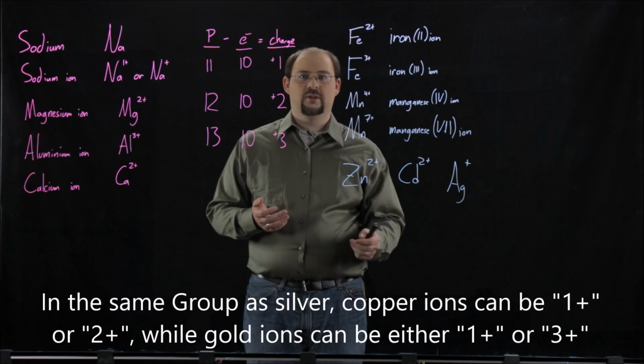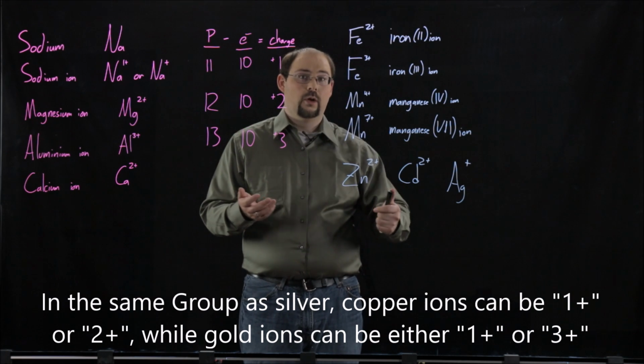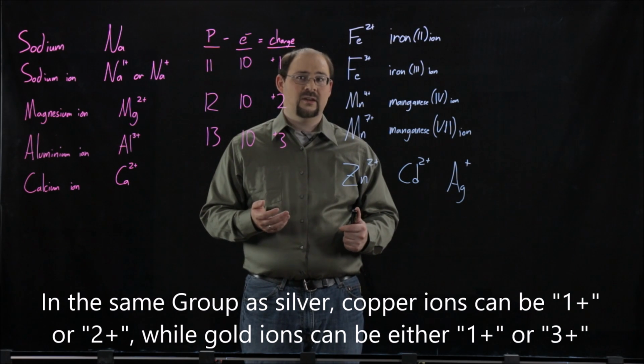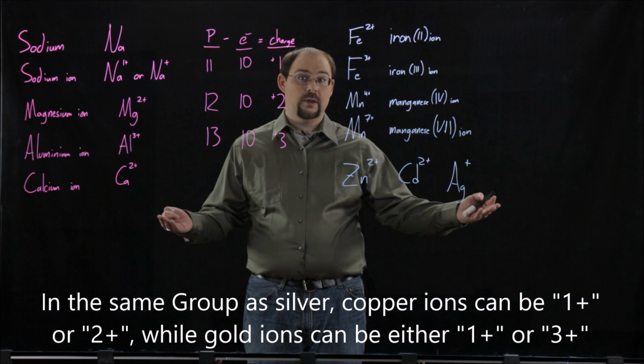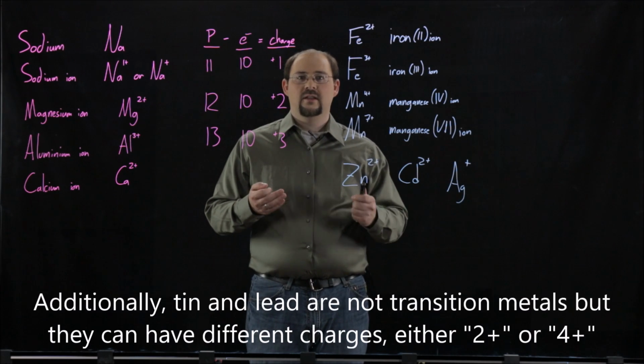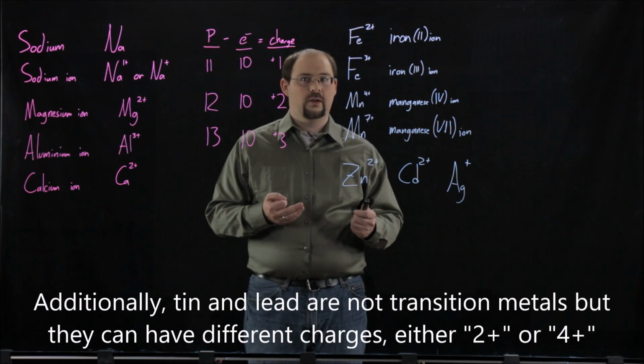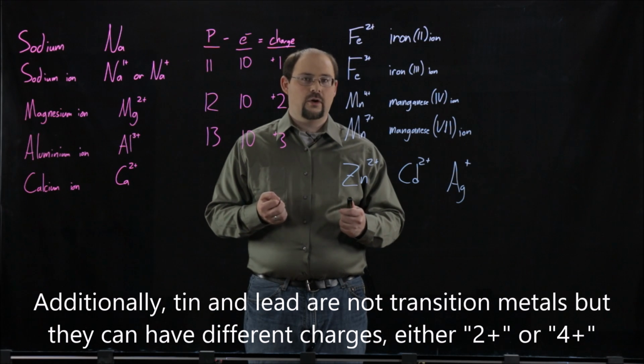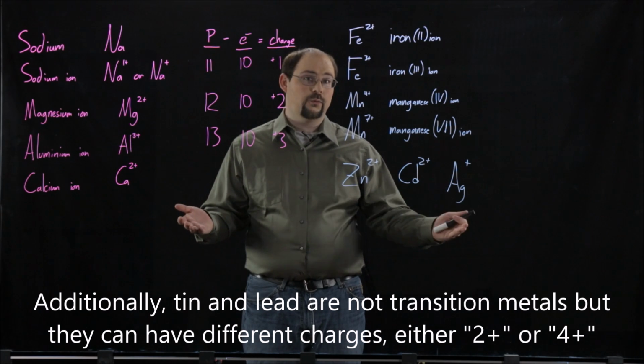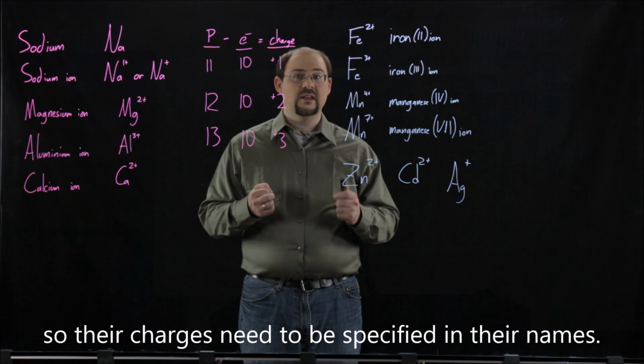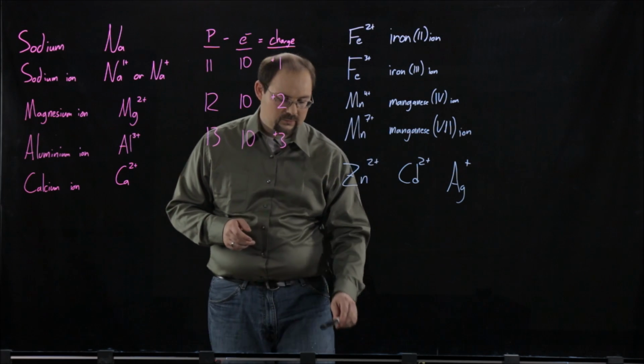While in the same group as silver, copper ions can be 1 or 2+, and gold ions can be either 1+ or 3+. Additionally, tin and lead are not transition metals, but they can have different charges, either 2+ or 4+, so their charges need to be specified in their names.